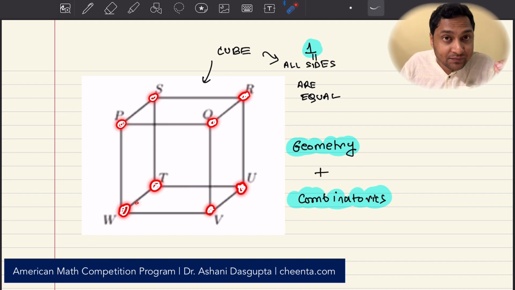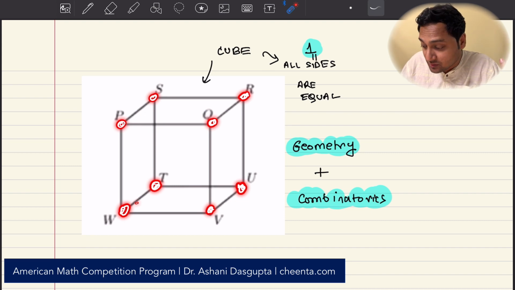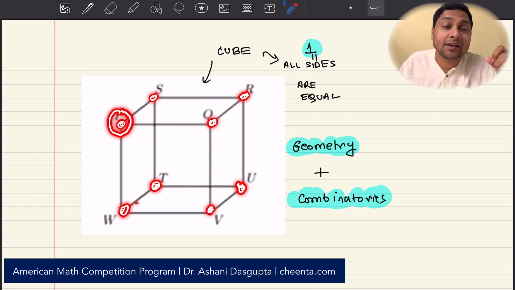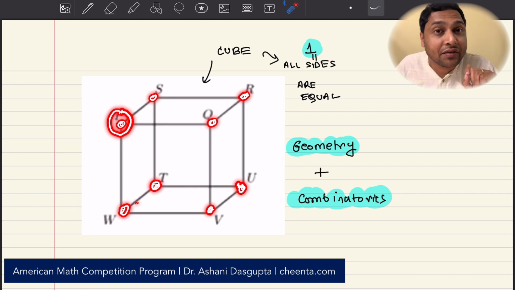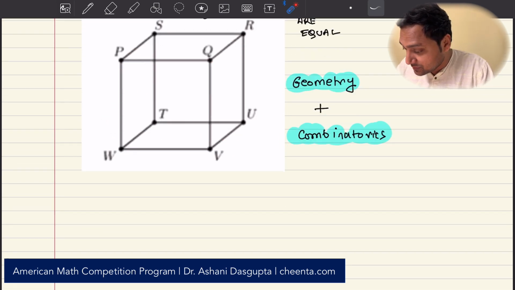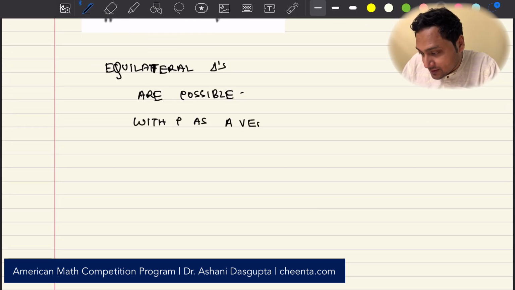The question is this: how many equilateral triangles are possible using the vertices of this cube such that P is a vertex of that equilateral triangle?